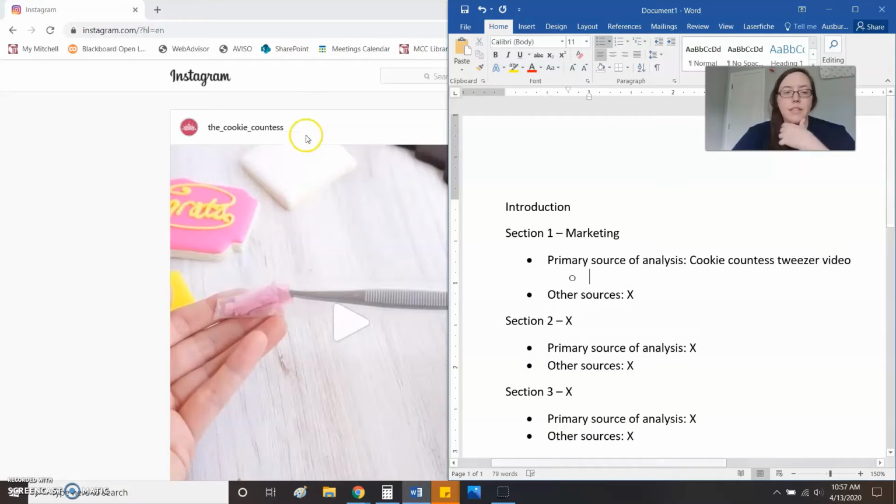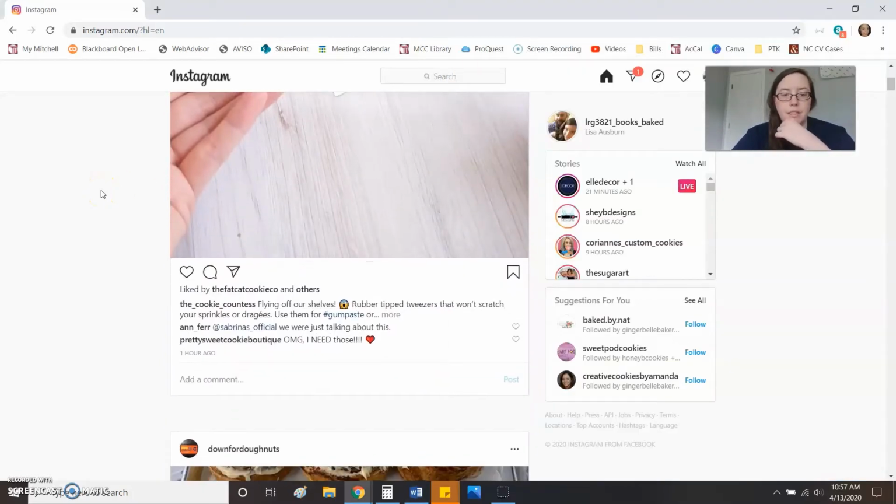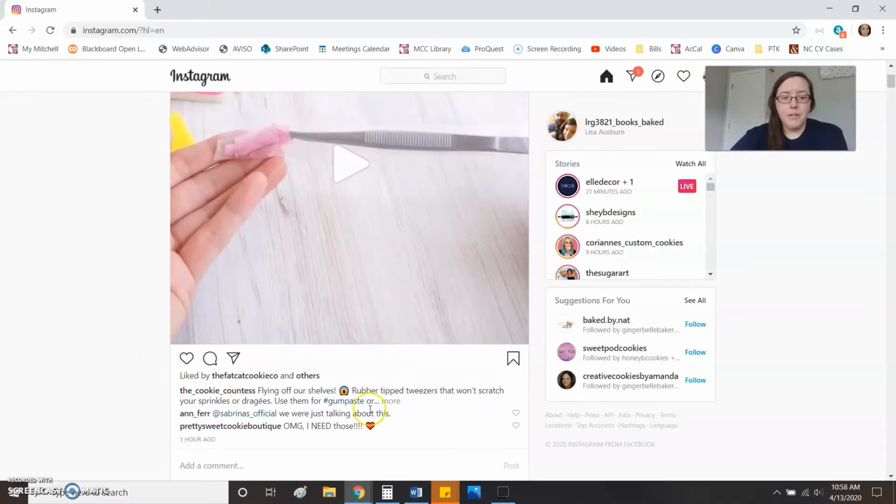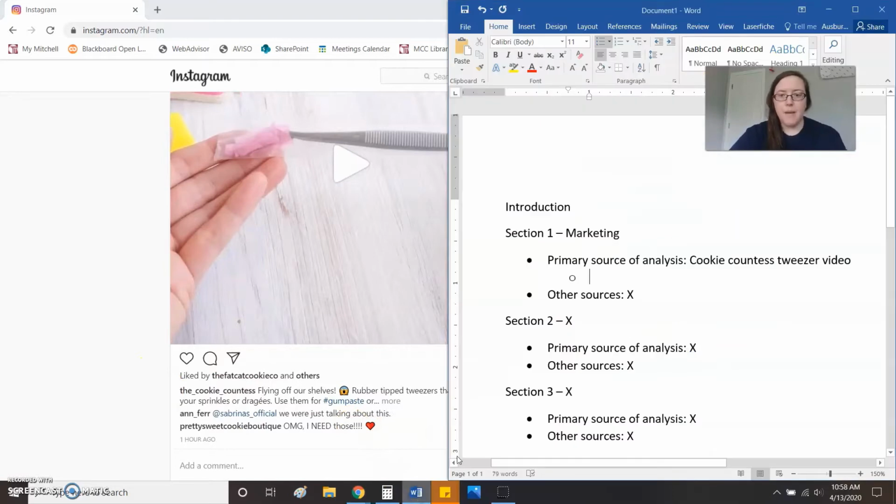Because as I was looking at this, I also noticed how one person wrote in all caps, "OMG, I need those," with a bunch of exclamation points and a heart, by the way, you guys. And I'm noticing how other people are responding. So with those primary sources, we do have some comments, sorry. So I might be saying, I have one person who would buy those instantly if they could.